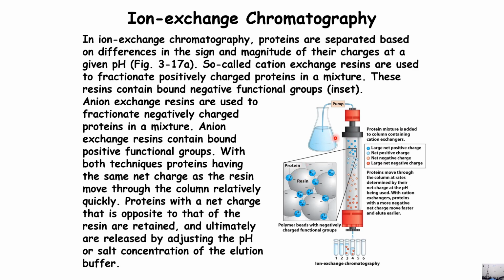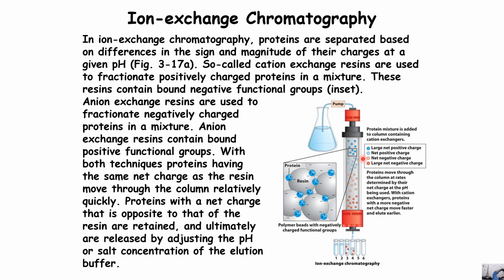And with both these techniques, proteins having the same net charge as the resin move through the column relatively quickly. So if we have a negatively charged resin, the negatively charged proteins will be repelled by the resin and will move through the column faster.